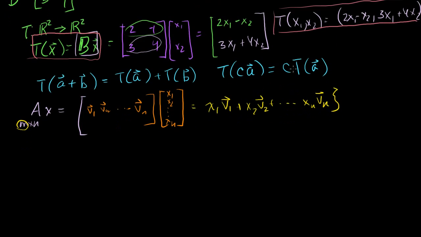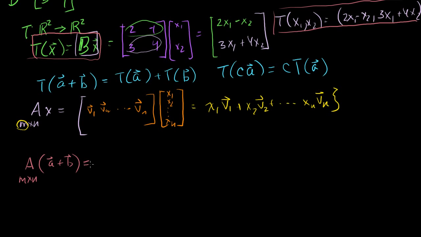So what happens if I take some m by n matrix A, and I multiply it times the sum of two vectors, a plus b?